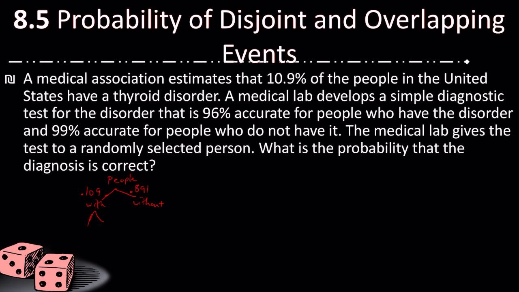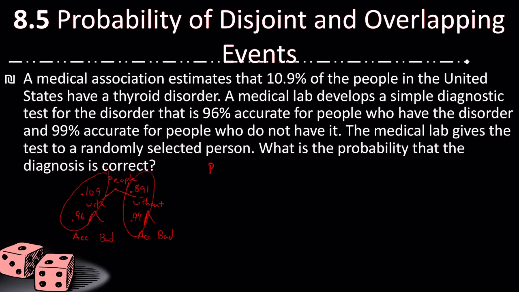And then each of those could be accurate or not accurate. For those with the disorder, it's 96% accurate. For those without the disorder, it's 99% accurate. So we actually have two options. We could go this way, or we could go that way.